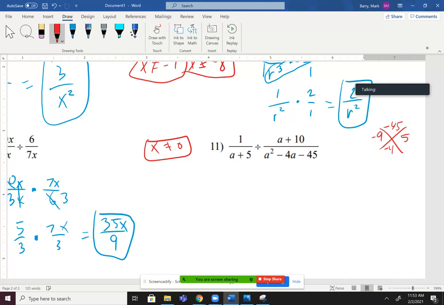If I make the 9 negative, I get a squared minus 9a plus 5a minus 45. I can take out an a here, leaving me with a minus 9. Take out a 5 here, leaving me with a minus 9 again. So I have a minus 9, a plus 5 cannot equal 0.